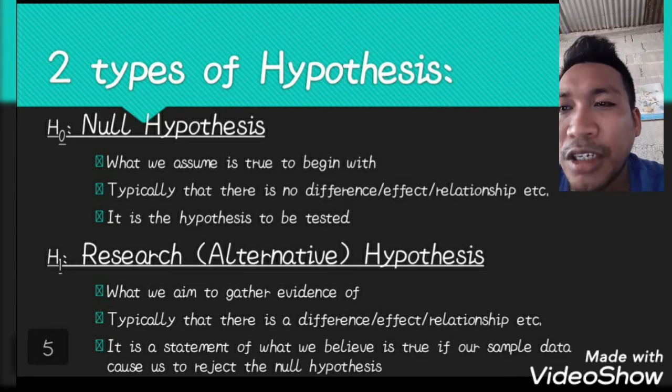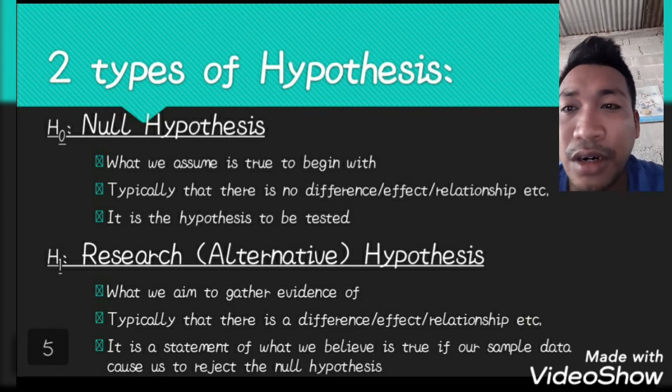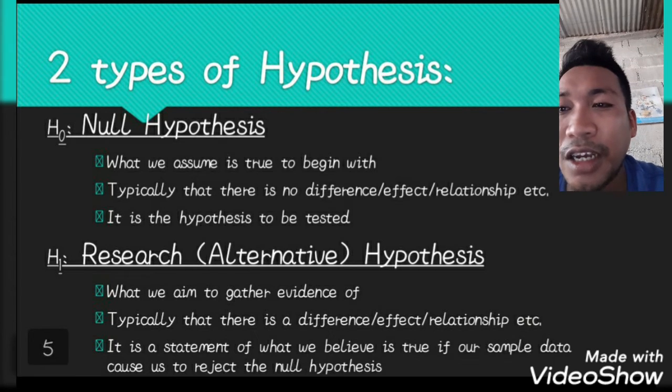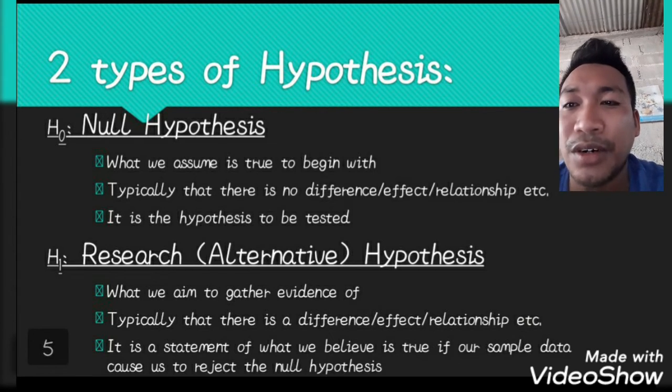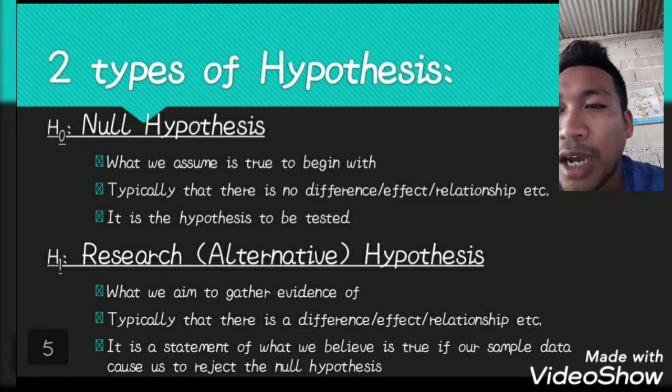The null hypothesis generally expresses the idea of no difference. The symbol we use to denote a null hypothesis is H subscript 0. This is the type of hypothesis that is usually challenged or to be tested.